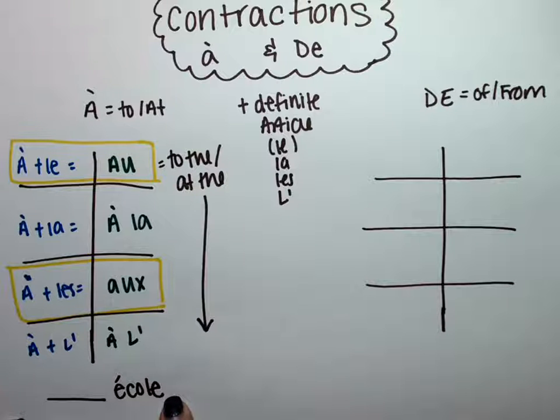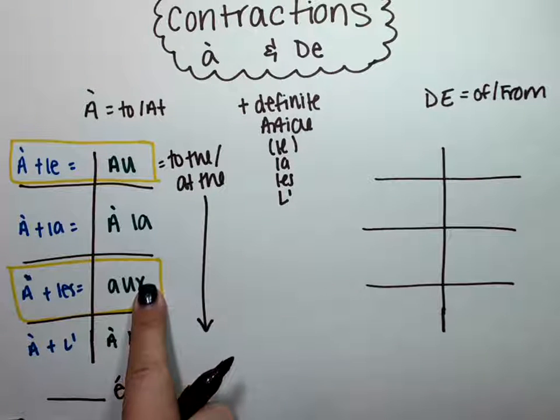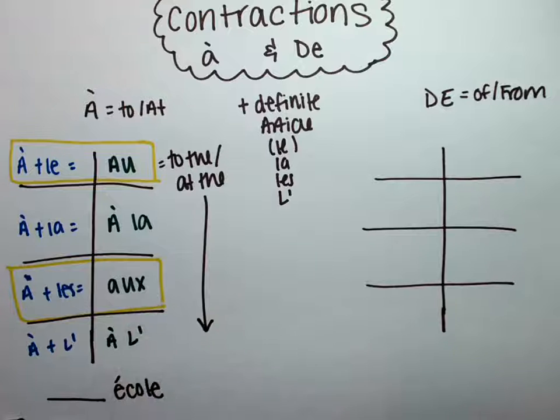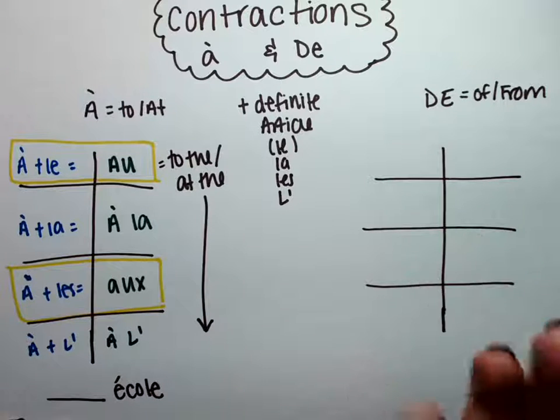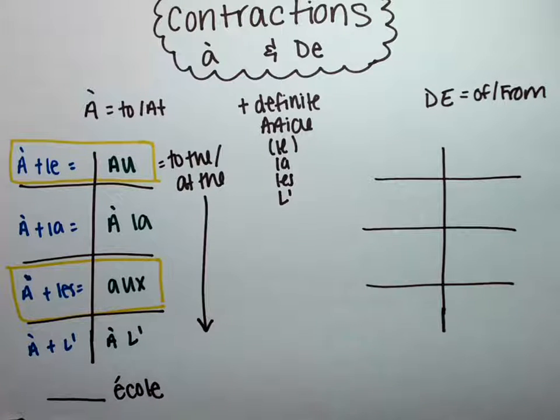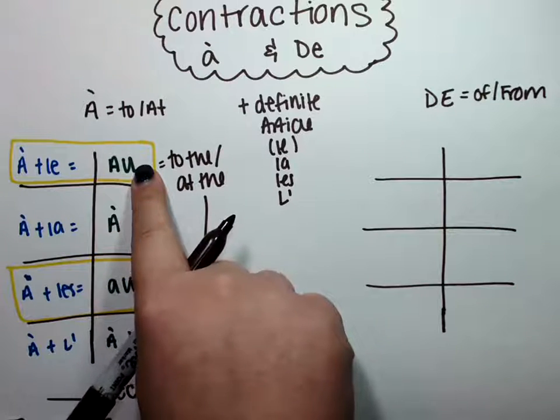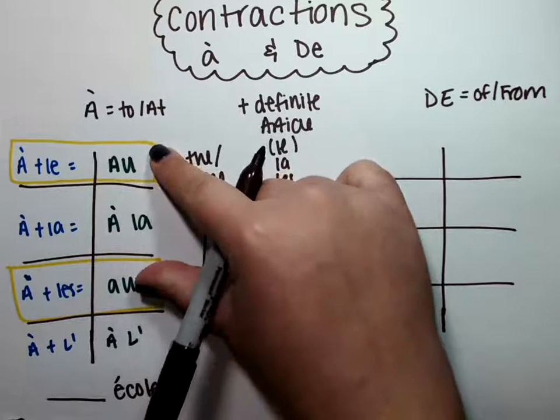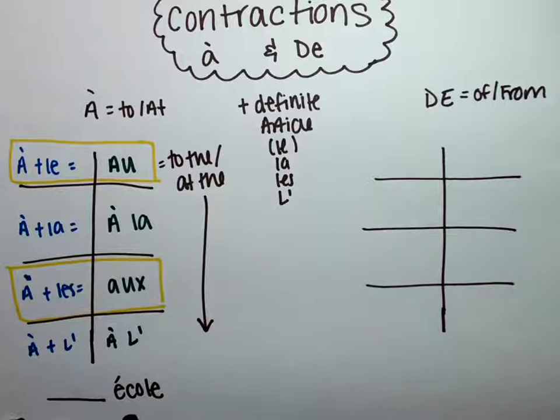It's not plural. So we can automatically get rid of this one because it's not plural. And we figured out that it's feminine, so we can automatically get rid of this one as well. So we can get rid of the two that are highlighted in yellow. Now looking at école, we know it's feminine, but does it start with a vowel? Yes, it does.